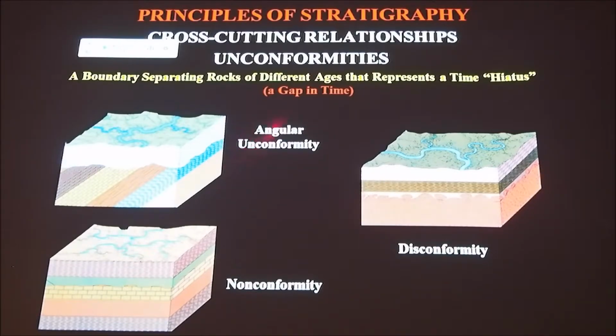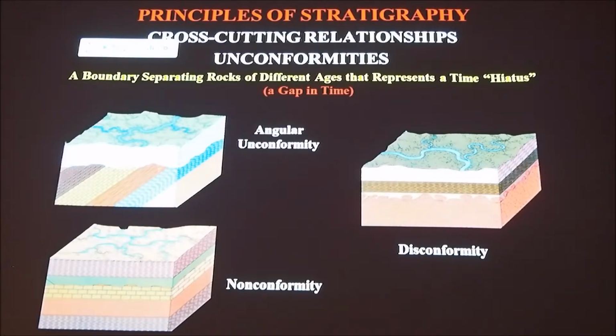An angular unconformity simply says, here's my surface, there's my gap in time, my gap in rock. I've got flat-lying sedimentary rock up here on top, in this case a limestone. Notice how we represent limestone with this brick pattern? That's the traditional symbol of limestone.